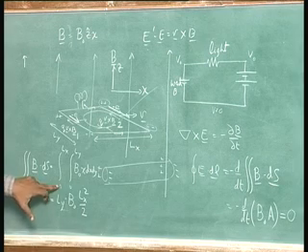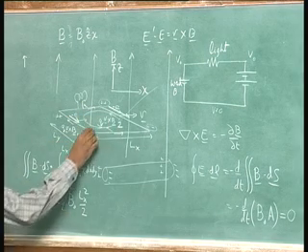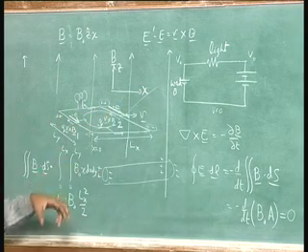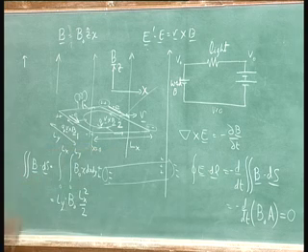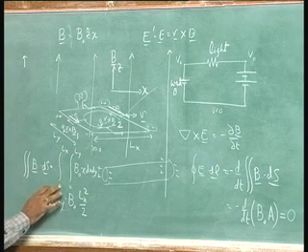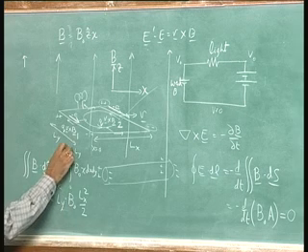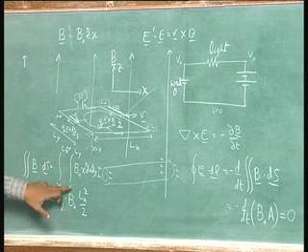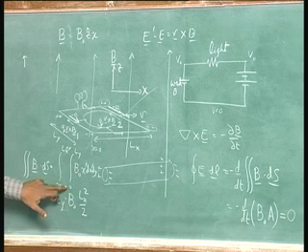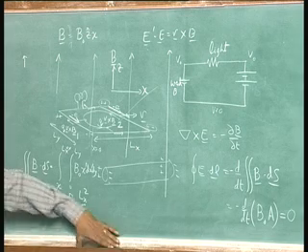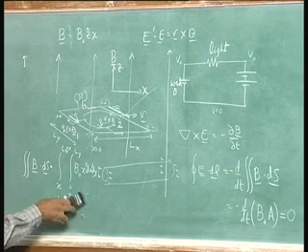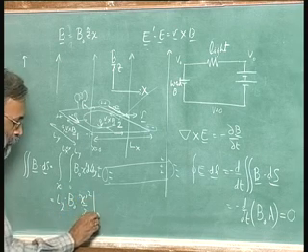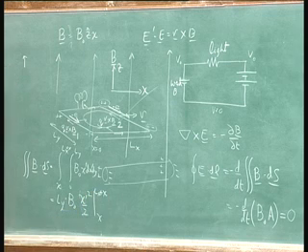Now, this is if the loop is starting at x equals 0, but as the loop moves, it is no longer going to be at x equals 0, it is going to be at some other x, in which case this integral becomes integral from x to Lx plus x, and let me put some primes to indicate these are dummy variables. Then the integral is B naught, the integral in y is still Ly, but the integral in x becomes x prime squared over 2 between x and Lx plus x.